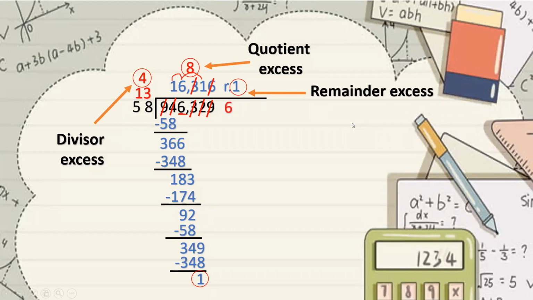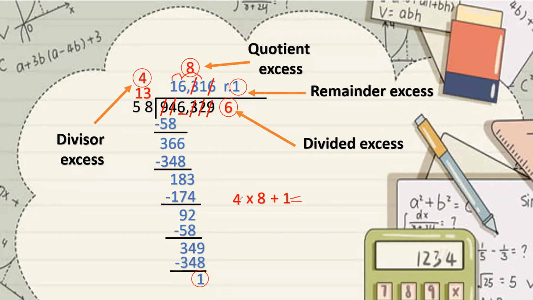Now, what are we going to do? We are going to say that this number 6 is my divided exceed. Now we have to say 4 times 8 plus 1 equal. Let's make an operation.